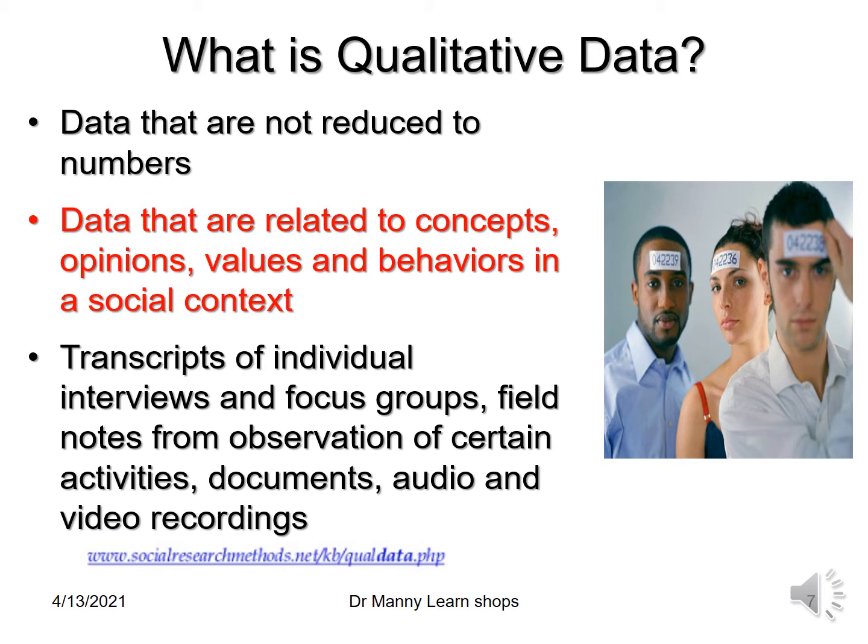It's data that's related to concepts, opinions, values, behaviours in a social context. The transcripts can be of individual interviews or from focus groups. Also from field notes, which you document through observation, documents, audio and visual or video recordings.